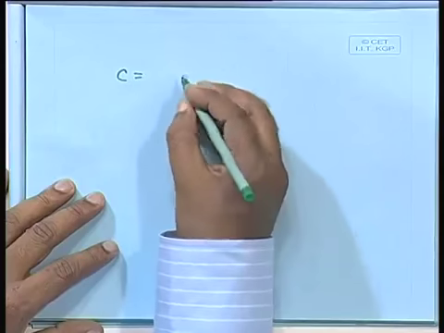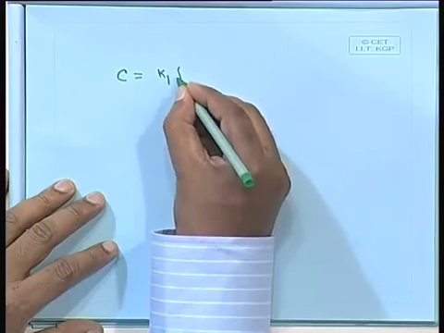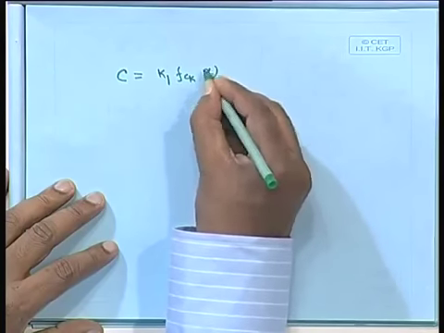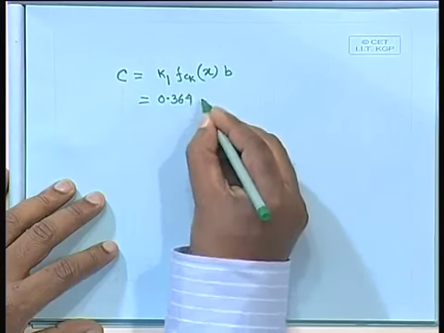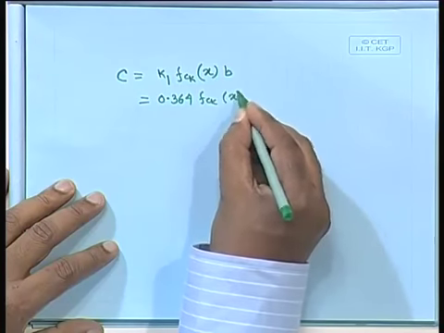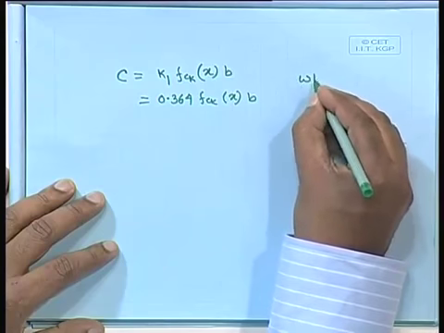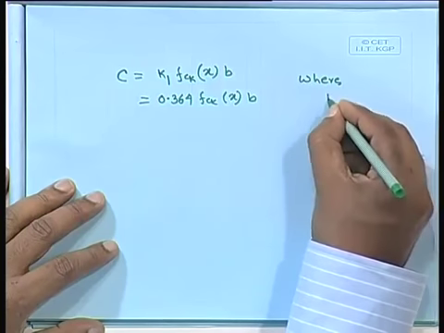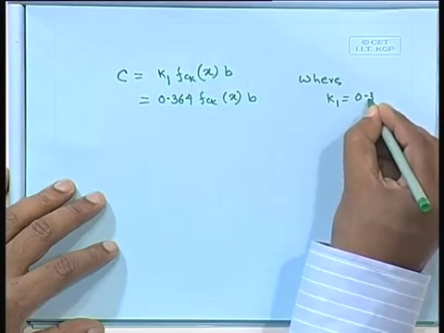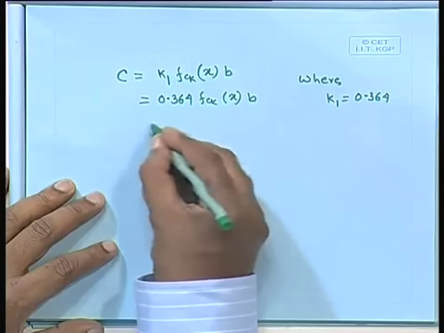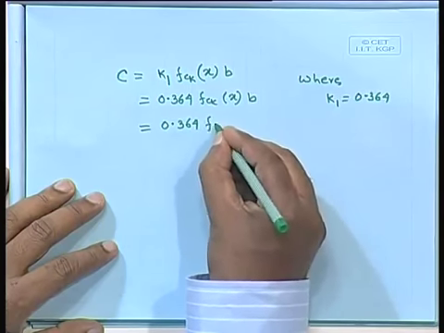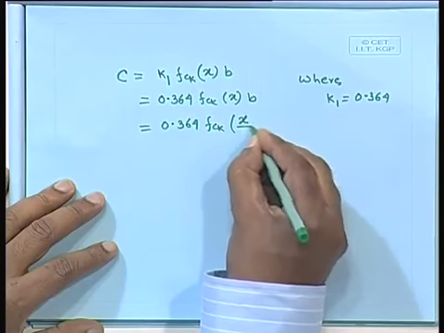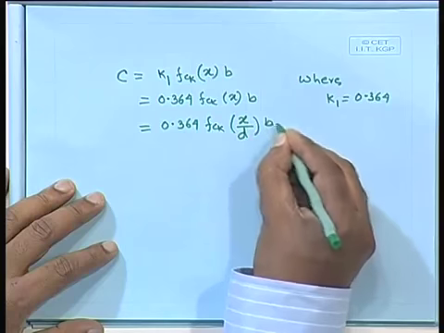We can further write C equal to K1 fck x b, in our case 0.364 fck x b, where K1 equals 0.364. We write the equation in a different form, x by d multiplied by bd.